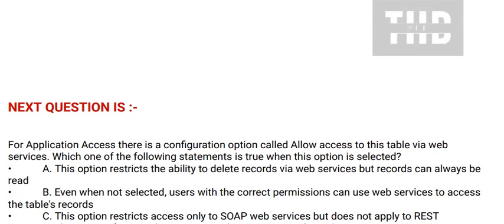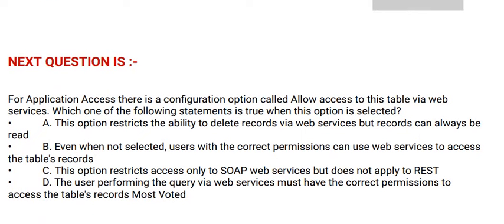Next question is, for application access there is a configuration option called allow access to this table via web services. Which one of the following statements is true when this option is selected? Option A, this option restricts the ability to delete records via web services, but records can always be read.